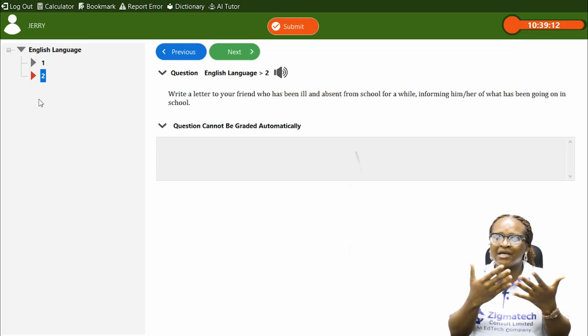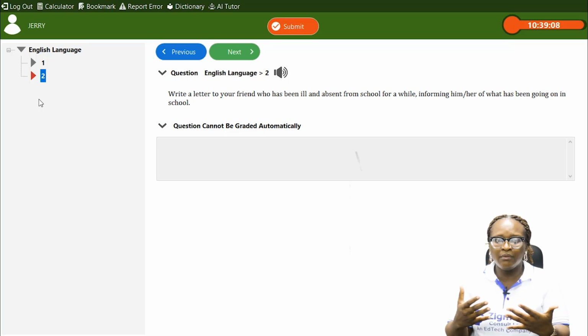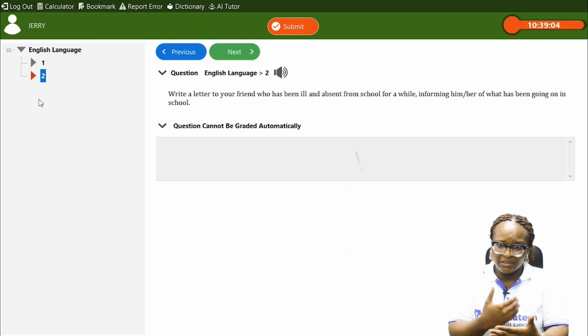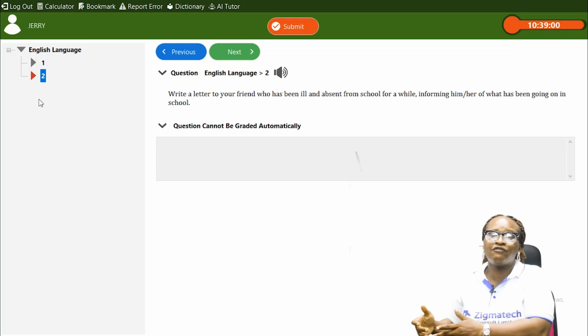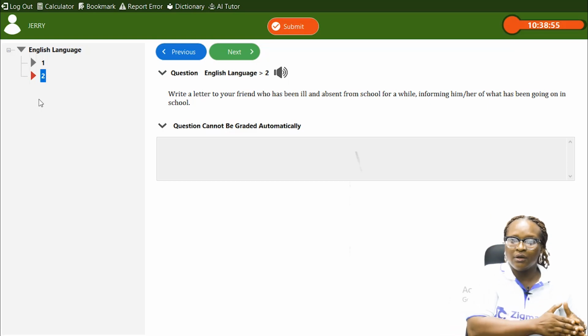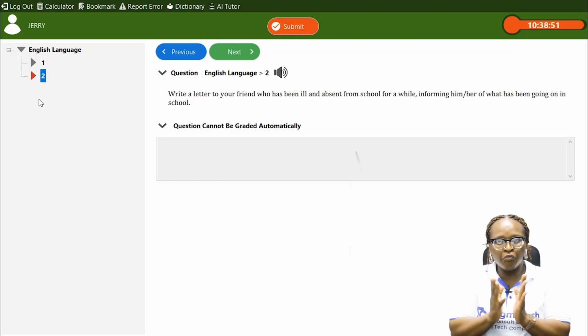You have this relationship. It's not casual, it's not formal. That's what we call semi-formal. So in that case, you write a semi-formal letter to your class teacher. You are neither formal in your choice of words, nor are you informal in your choice of words. It's more like a moderate language use.